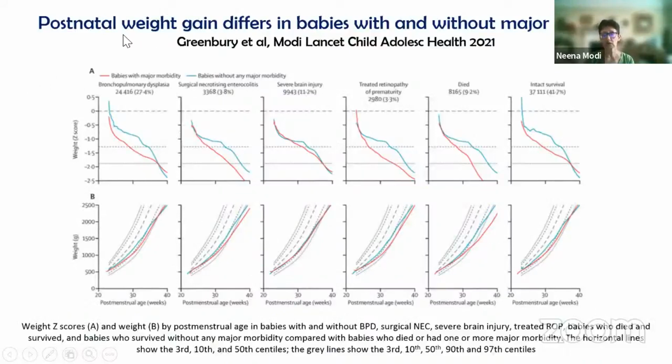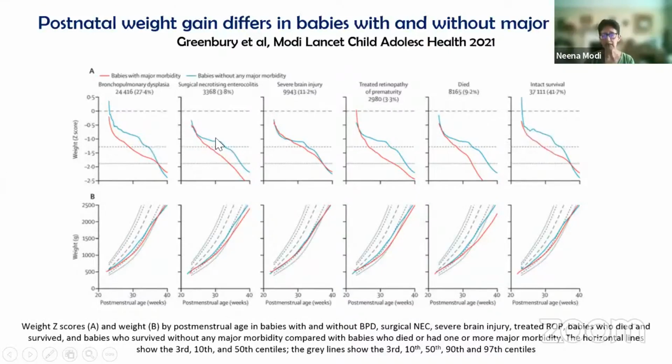What we also saw is that postnatal weight gain differs in babies who are going to go on to develop major morbidities or who are going to survive without major morbidities. I suggest you focus primarily on this last panel, intact survival. Essentially the blue lines depict babies who survived without these major morbidities, BPD, NEC, severe brain injury, and ROP, versus babies who died.